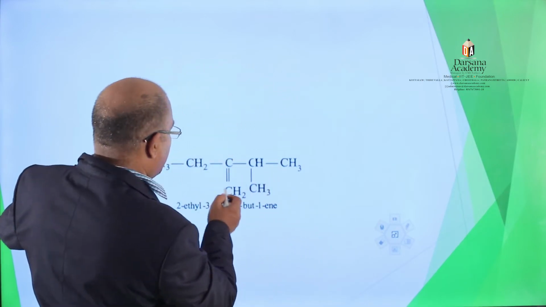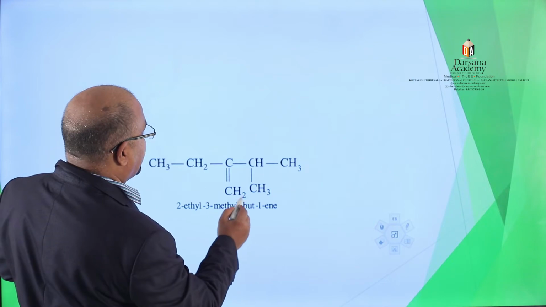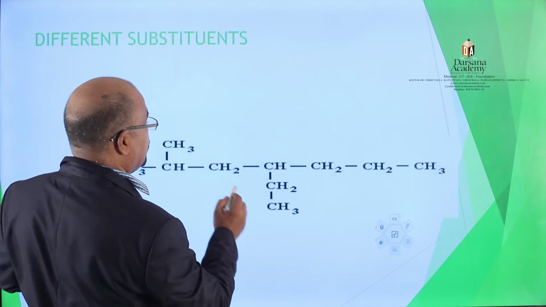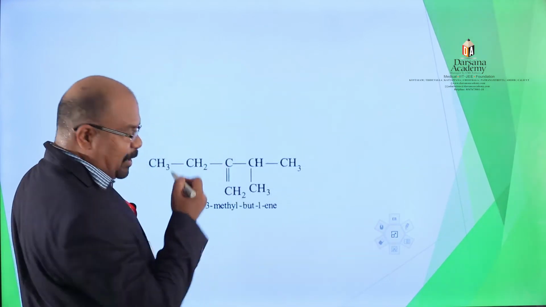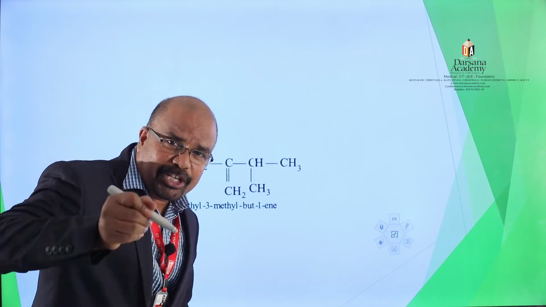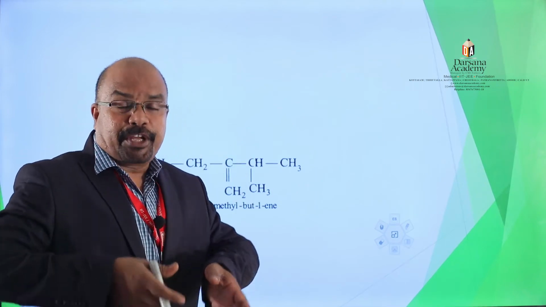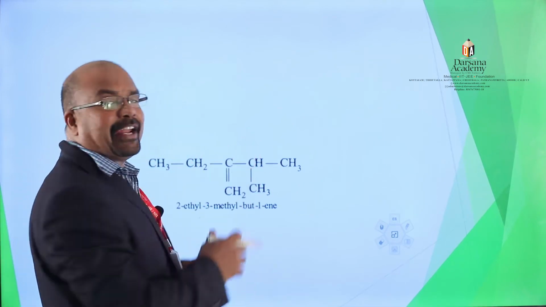Here both sides are equal, with 2 carbons on each side. If a multiple bond is present, we have to include it in our parent chain.